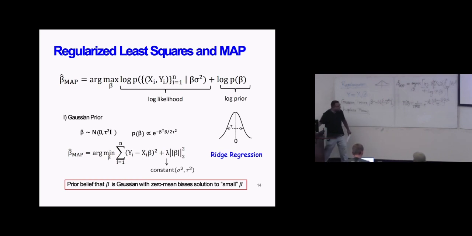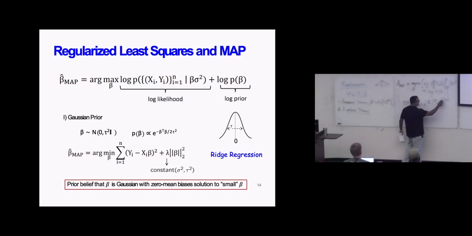Normally in a Gaussian distribution, what should this term be? What is the definition of Gaussian distribution? What goes here? The mean. The mean mu goes here. But the mean is assumed to be what? 0. So get rid of it. Right?